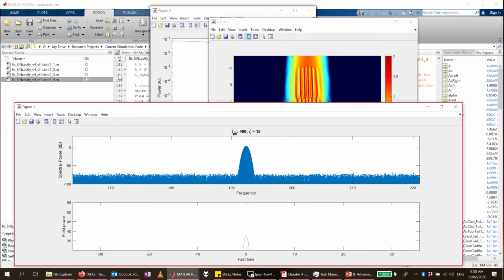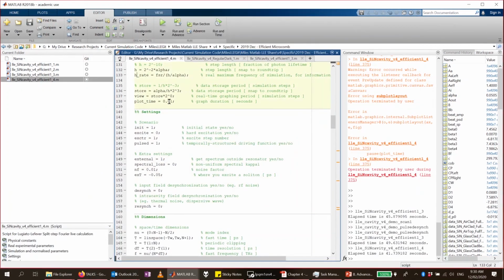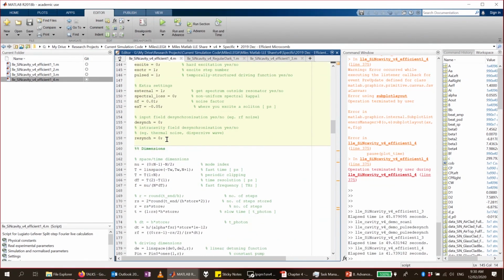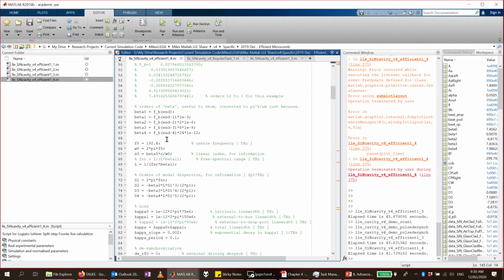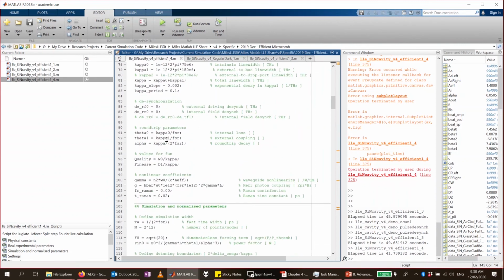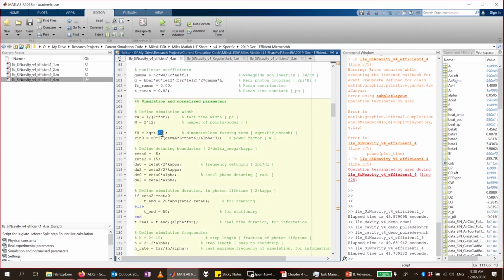Power of this one. Sorry? Can we reduce the power of this one? Reduce? Yes. Like this. Yes. Yeah. We can. Let me see. Power level. It's down here.